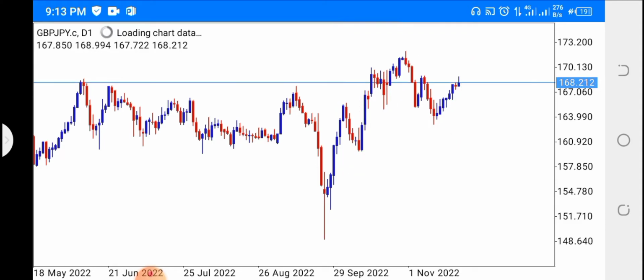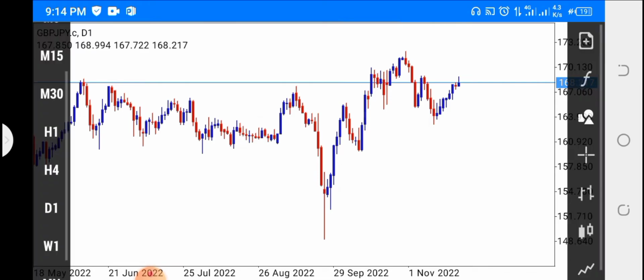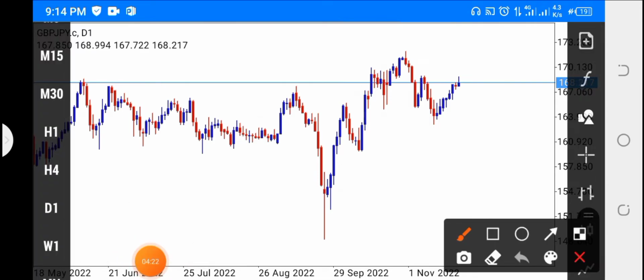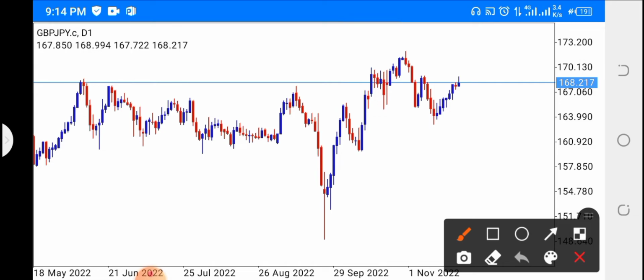So what is basically structure now? If we have a bullish structure, to make sure that a trend is bullish, there must be a break of structure. Assuming we have a trend like this, bullish structure now is what we are going to talk about. We have a movement up, price will come back again, which is called a retracement.